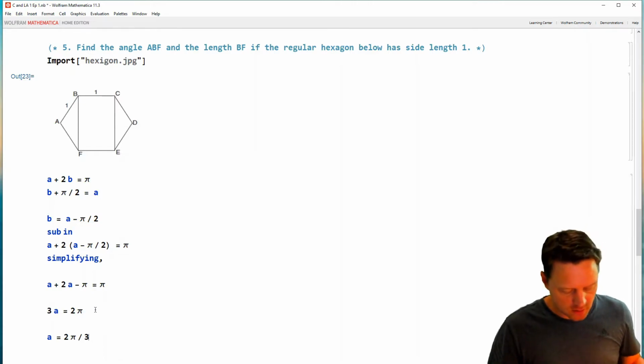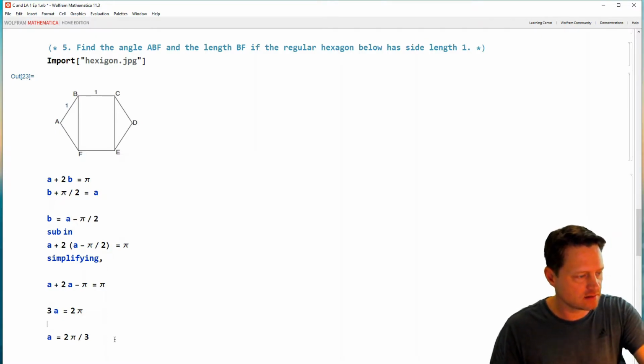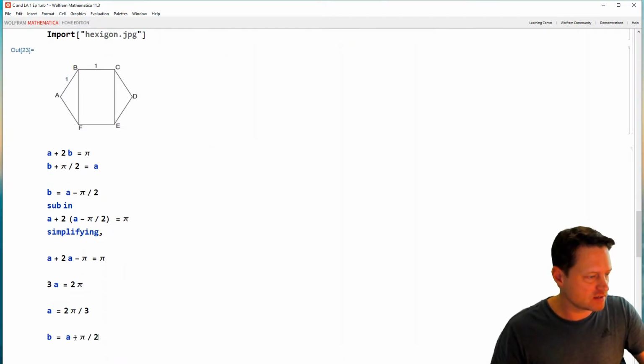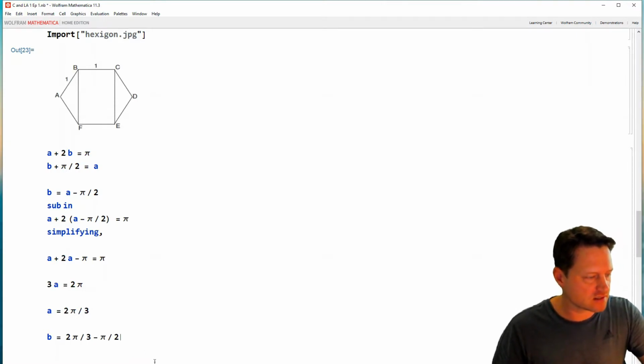Okay, can we get a corresponding value for b? Yes, let's just use this. Okay, so b is equal to a minus pi on 2. Now we know a is 2 pi on 3, so we just need to take this difference. So we need a common denominator here, and let's let that be the product of 3 and 2, which is 6.